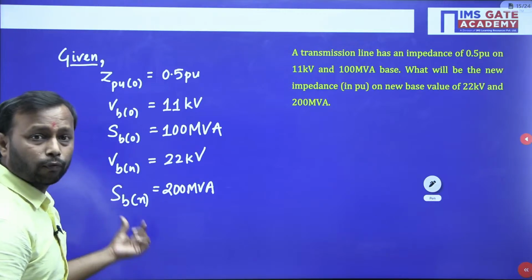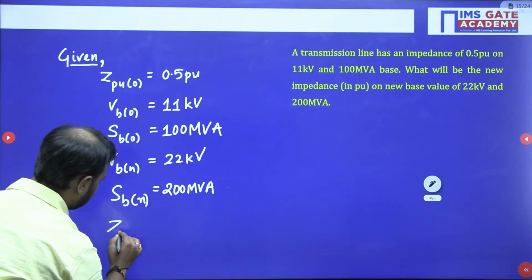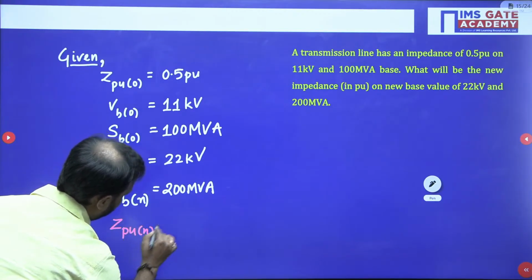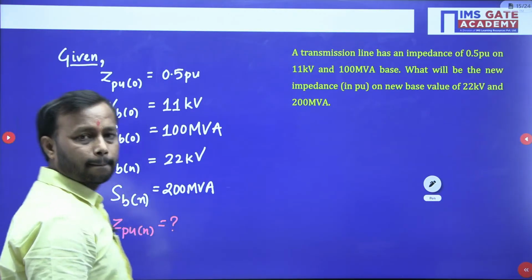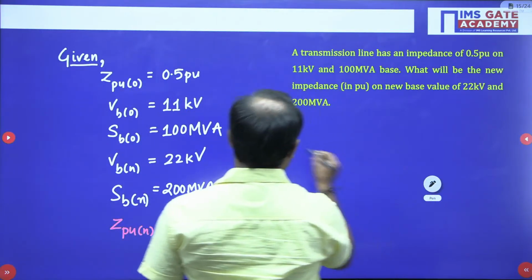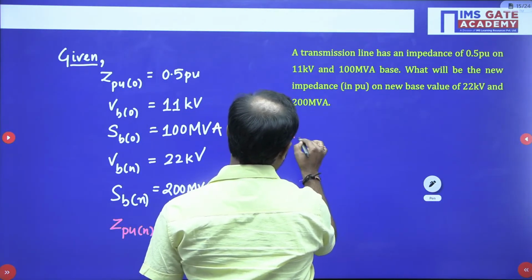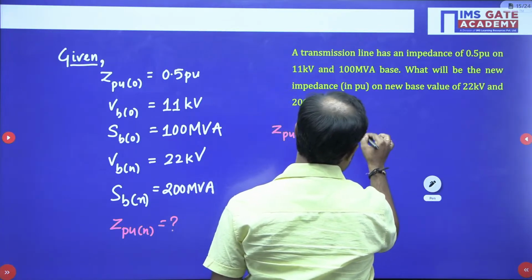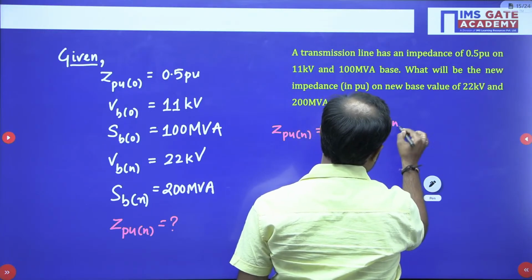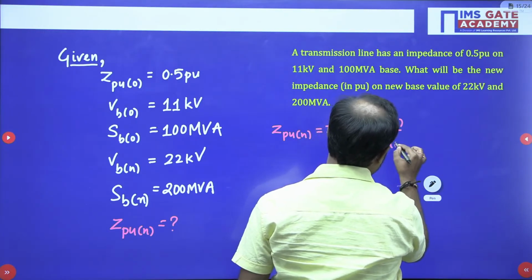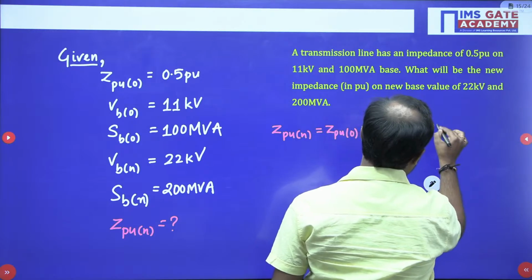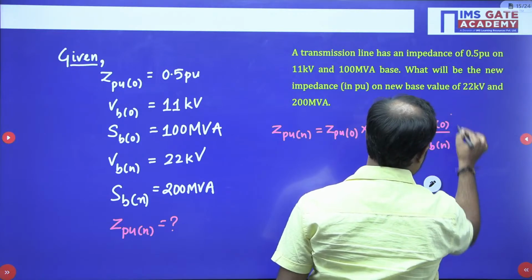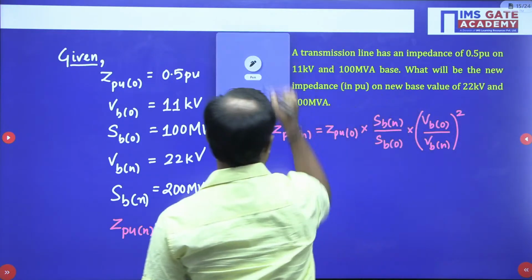Now I need to find the impedance on the new base. I know the formula that Z per unit new is Z per unit old into S base new divided by S base old, into V base old divided by V base new, whole square. Let us substitute all the values.